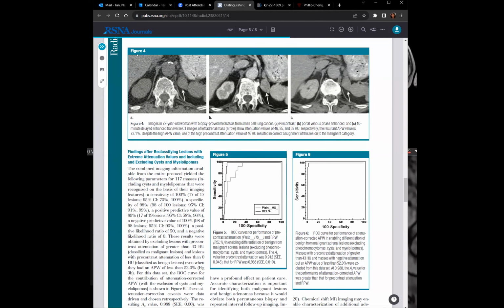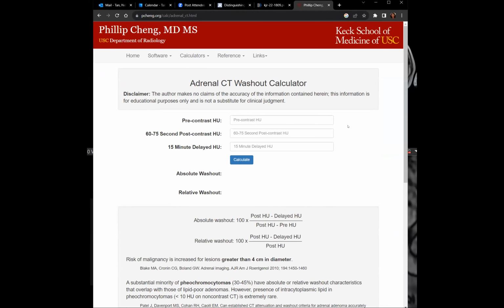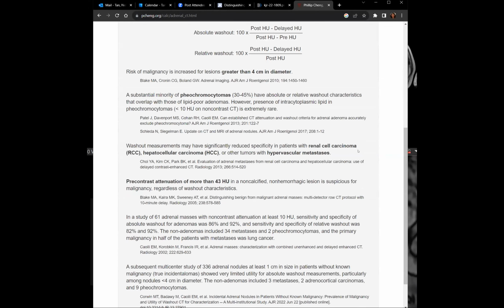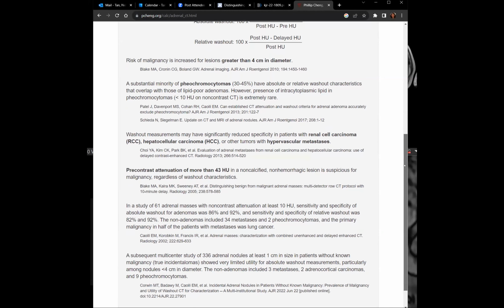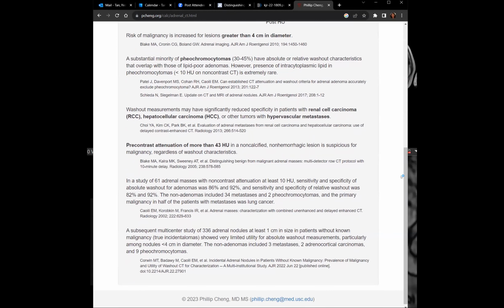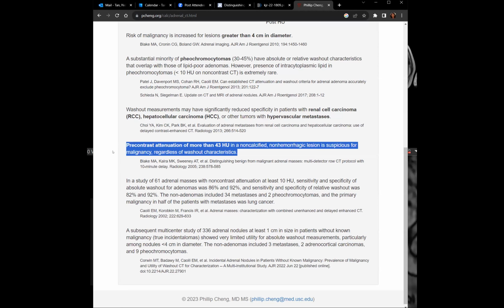And then one other thing, go back to that Phil Chang website. I find this lower part with all the caveats really helpful because he summarizes the important caveats about this washout. One of them is what you're talking about, pre-contrast greater than 43 should be suspicious. Another is that pheos have washout.